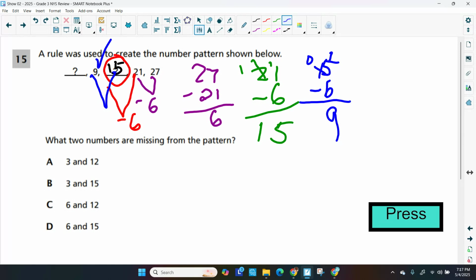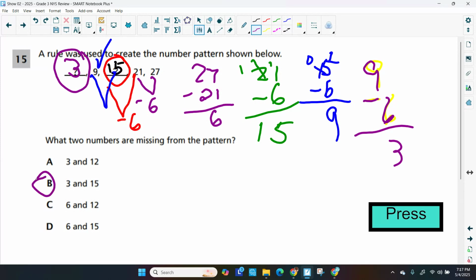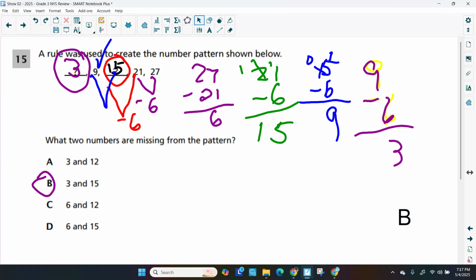And I should be able to continue subtracting 6. 9 minus 6 is 3. So my other missing number is 3. So the answer would be B. Let's check. Press. B. Good. Let's move on.